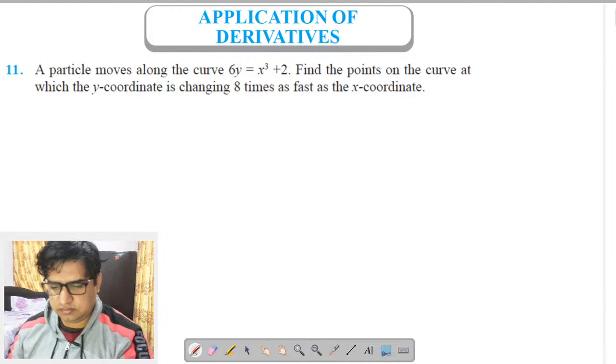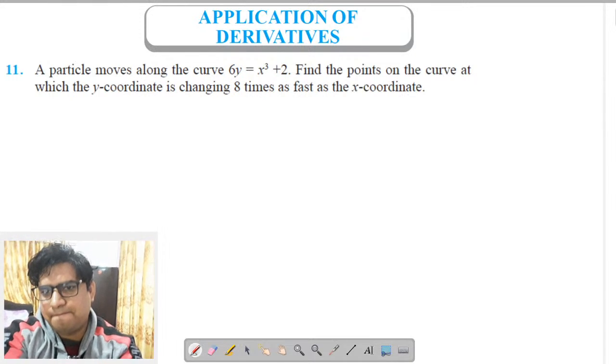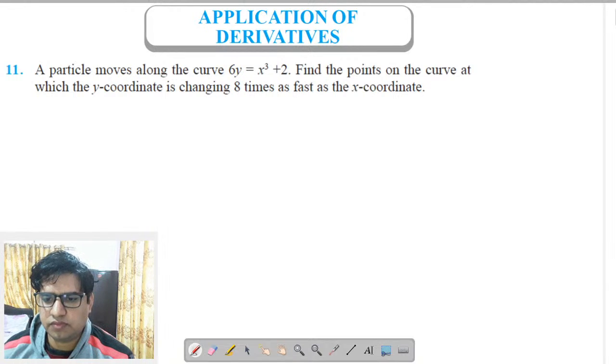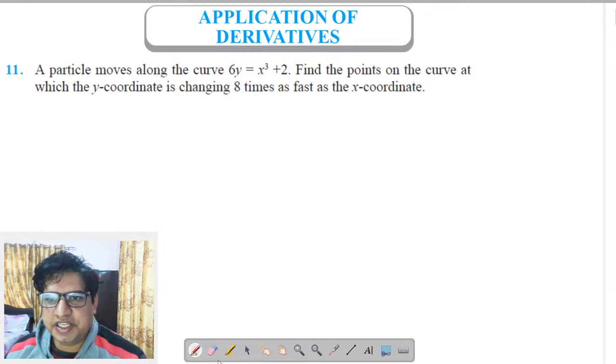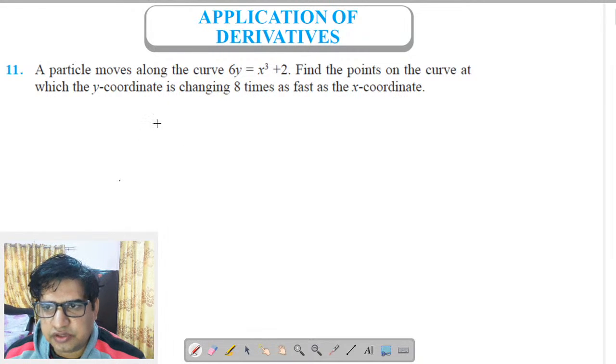The equation of the curve is given to us, and that is 6y = x^3 + 12.